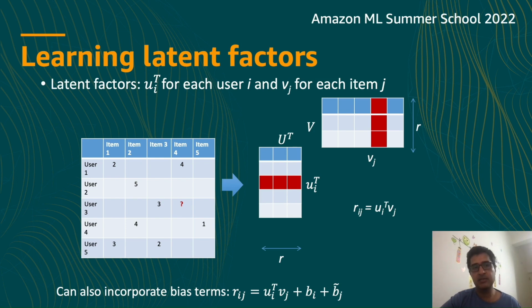In this particular case, user 3 bought item 3 and gave it a rating of 3. Similarly, user 2 or user 4 gave a rating of 4 to item 2. But essentially, user 3 has never bought item 4, right? So we don't know what rating user 3 would give.